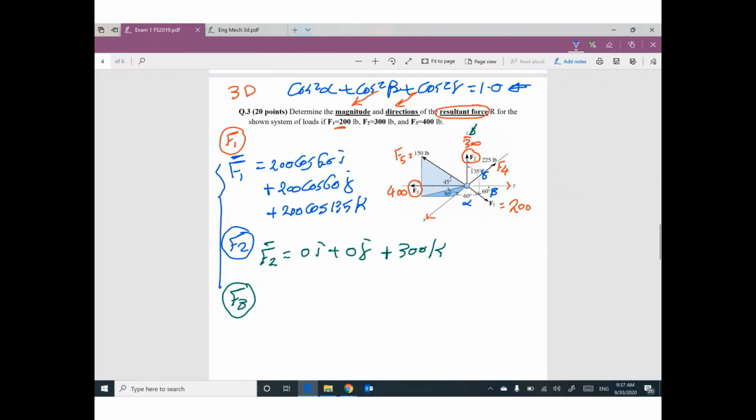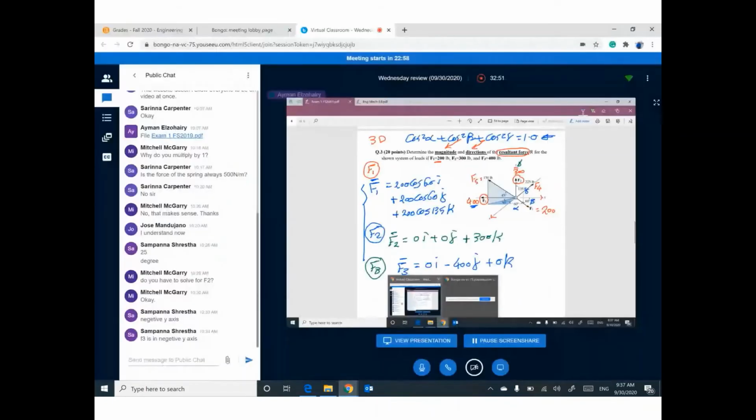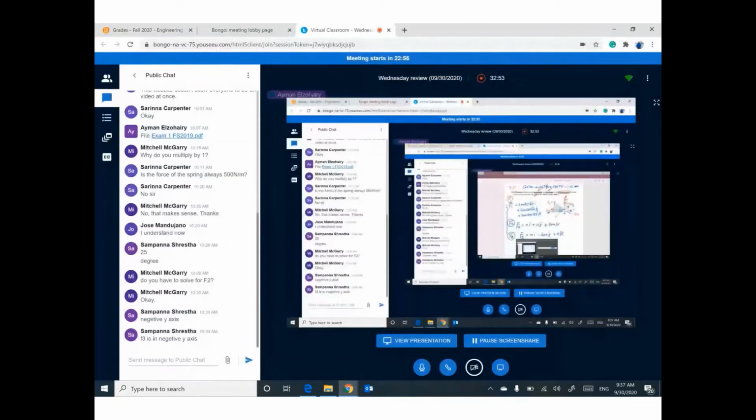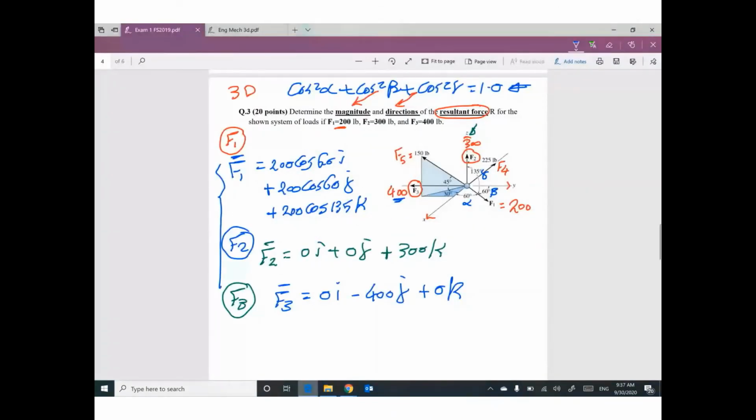For F3, this F3 is in negative y. So F3 as a vector will be 0i, negative 400j, and 0k. What about F4? Please don't forget any. For F4, where is F4? Here you go. This is F4, in negative x.